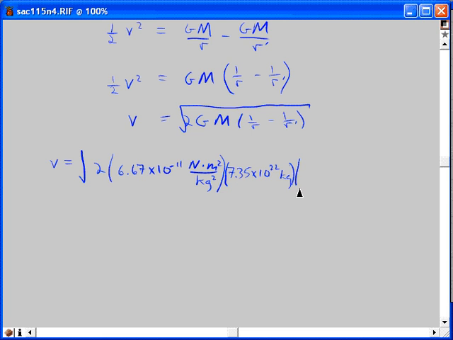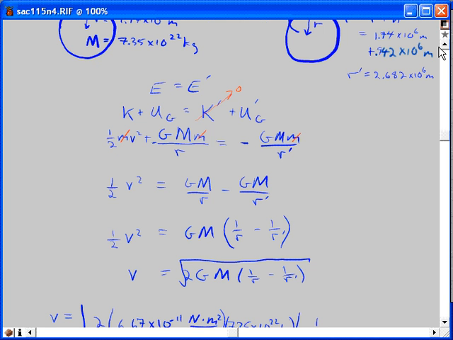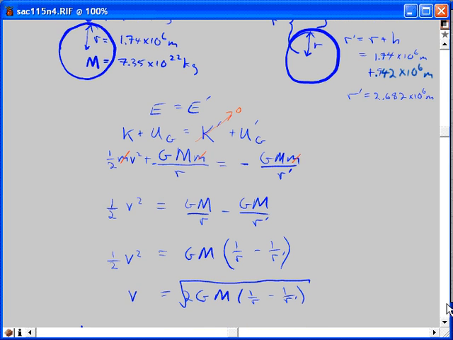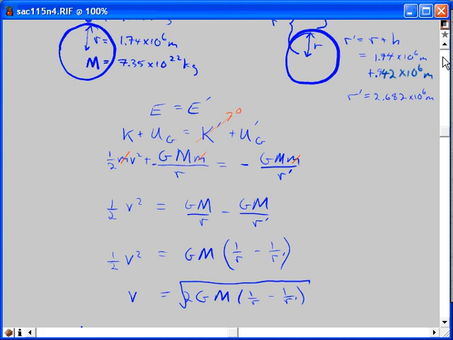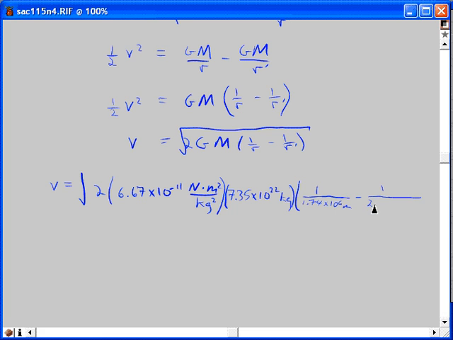And then we got 1 over the radius of the moon, which we had as 1.74 times 10 to the 6 meters, and then minus 1 over r prime, which was 2.682 times 10 to the 6 meters.